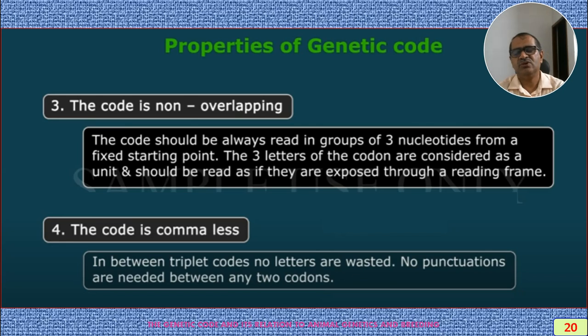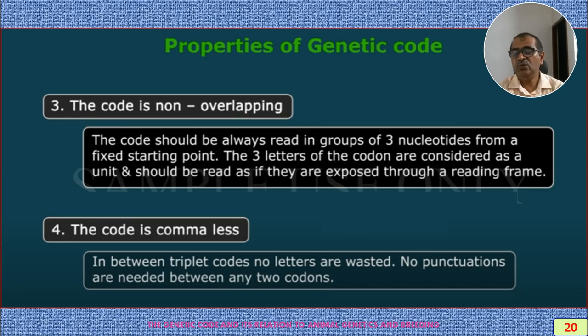So there is no confusion, because whenever these three nucleotides are there in the permutation and combination, they direct the ribosomes to produce a very specific amino acid.